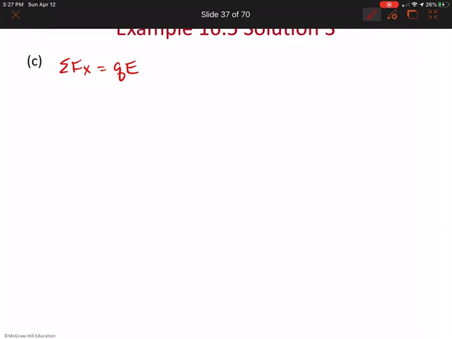It did. It actually said that the electric field was equal to 7.2 times 10 to the 5th newtons per coulomb. Okay? All right, so it did give us that information. If we rearrange this to solve for the charge, we could do the force divided by the electric field. Okay? Now, what is the force?